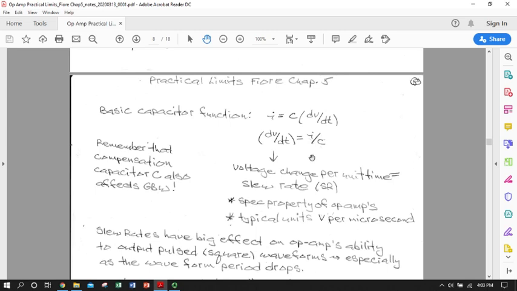Our lagging and leading networks relied on the differential equation solutions from these two relationships. But if we take a look at these in just their simplest form, current is equal to capacitance times the time rate of change of voltage, or dV/dt. We can say dV/dt, or the time rate of change of voltage, is equal to current over capacitance.